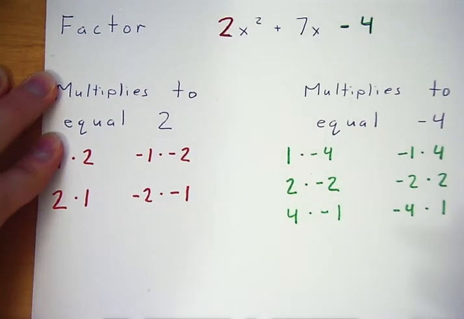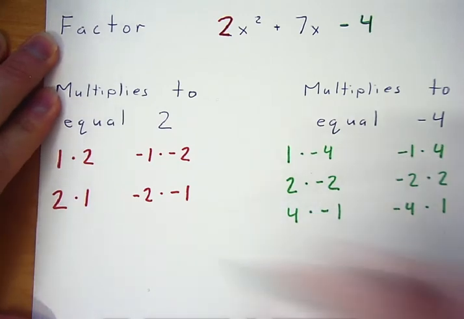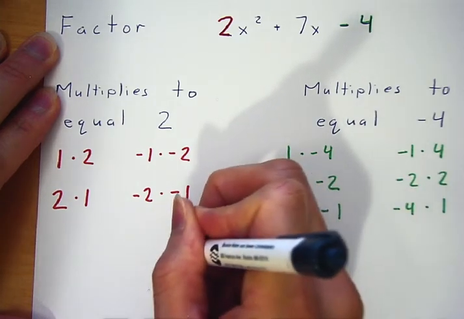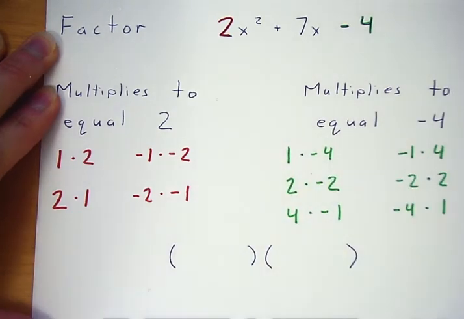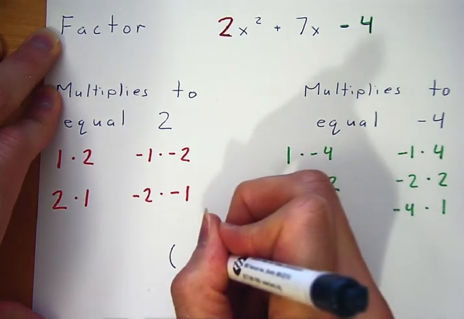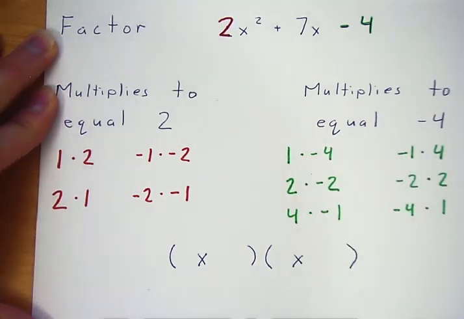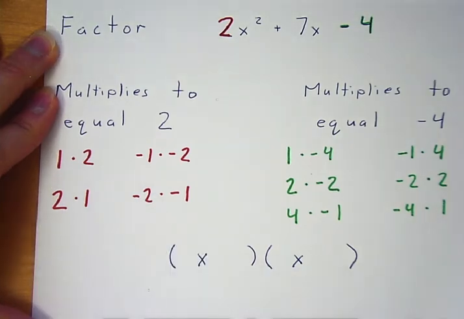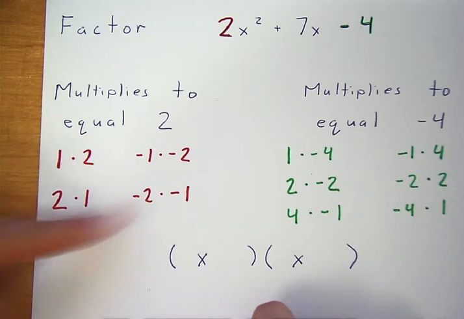So I have my parentheses times parentheses. And there's going to be an X here, an X here. And I know one of these combinations of red numbers over here will go in front of the X. At this stage, you can usually just pick whichever of those 4 you want.